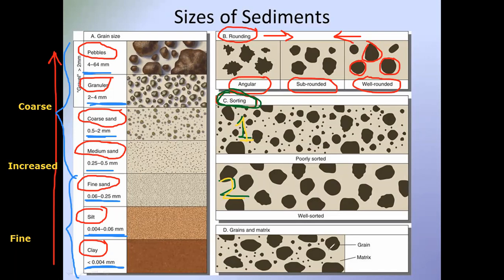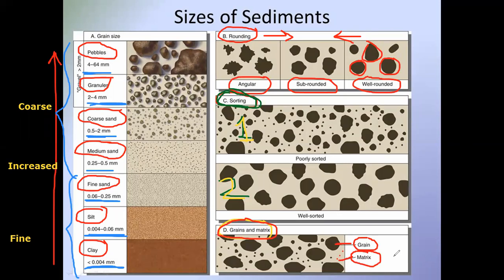And at last, the grains and matrix. Now what is the difference between grains and matrix? Grains means the larger sediments. The larger sediments present in the rock are considered as grains, and very small size particles which are present surrounding those larger grains or sediments are considered as matrix.